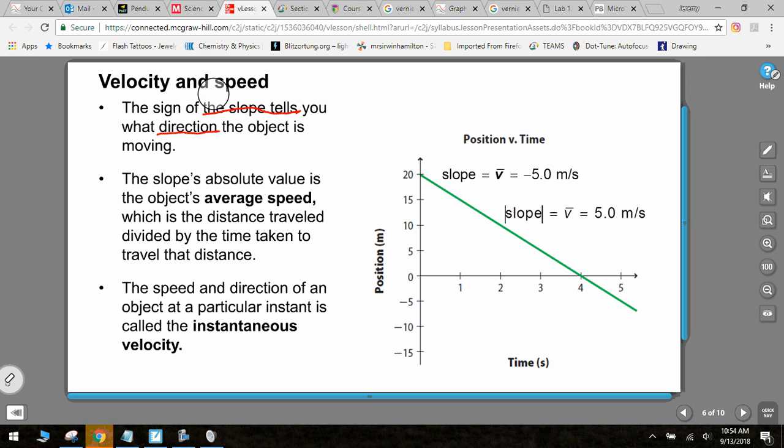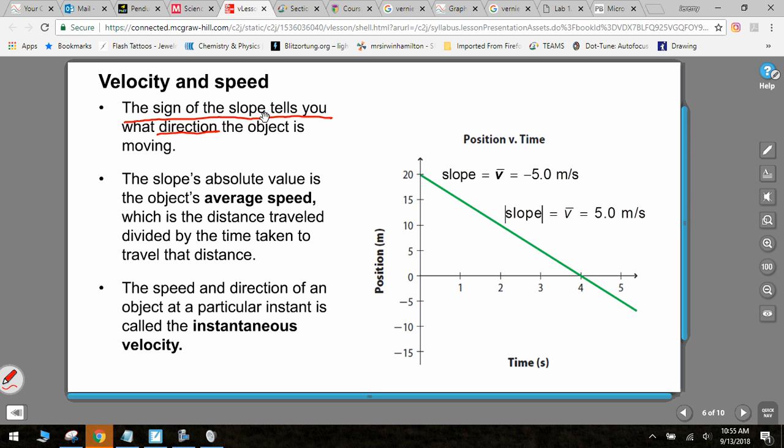So for instance, if I got a positive for my slope, it means I'm moving in the positive direction. If I got a negative, it means I'm moving in the negative direction.